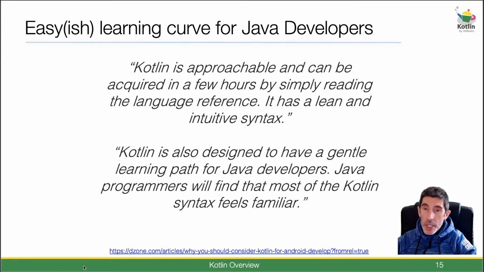Another excerpt from a DZone article: Kotlin is approachable and can be acquired in a few hours by simply reading the language reference. It has a lean and intuitive syntax. Kotlin is also designed to have a gentle learning path for Java developers. Java programmers will find that most of the Kotlin syntax feels familiar. So coming from a Java background, you pick it up pretty quick. There's not a lot of new stuff to pick up, but a lot of the basics are the same.